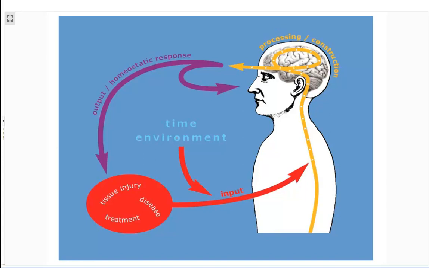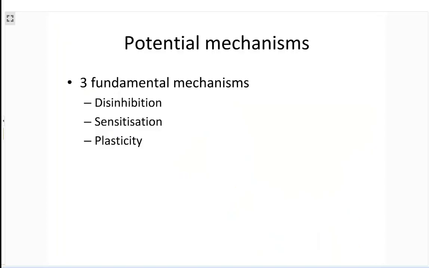Information comes in from the periphery, internal and external environmental information, is processed up through the central nervous system to make a decision, and if that decision is that part of our body is under potential threat of tissue damage, then pain will be produced as an experience with a protective role.